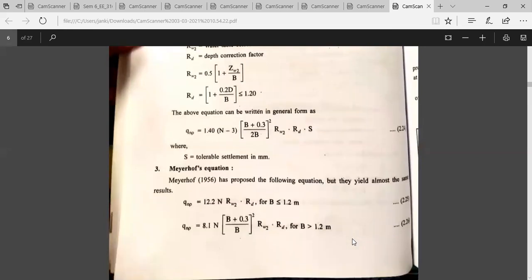The third equation is Meyerhof's equation, right? So Meyerhof proposed this equation in 1956. They yield almost the same results, right?